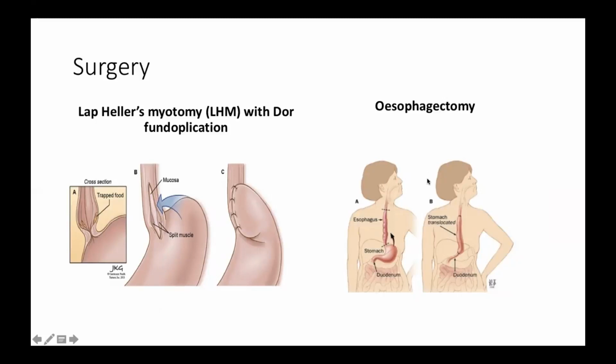In the late stages, an esophagectomy is the only option that is left, because all other methods would not have done their job. Esophagectomy is also useful, especially when you're considering a risk for malignancy, which is sometimes seen in achalasia cardia.